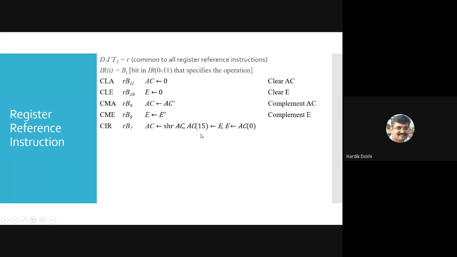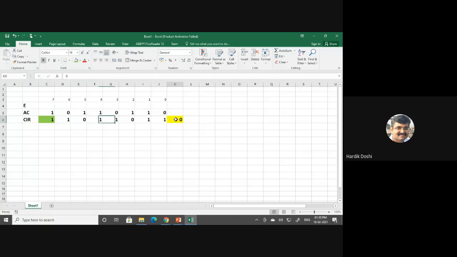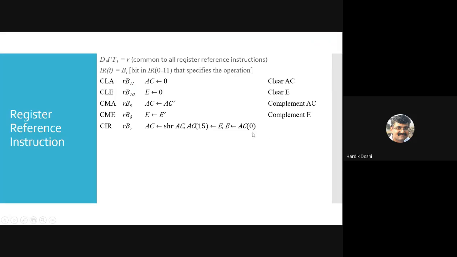So the E value is shifted to AC's 15th bit, and the AC's 0th bit was shifted to my E flip-flop. See, AC0 shifted to the E flip-flop, which we term circulate right, AC and E.